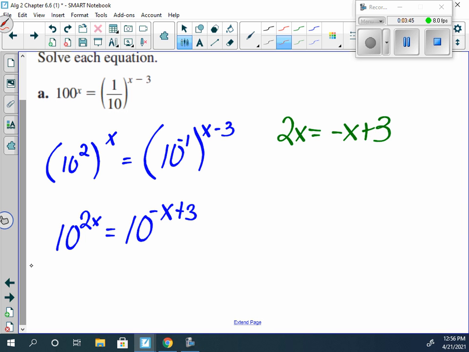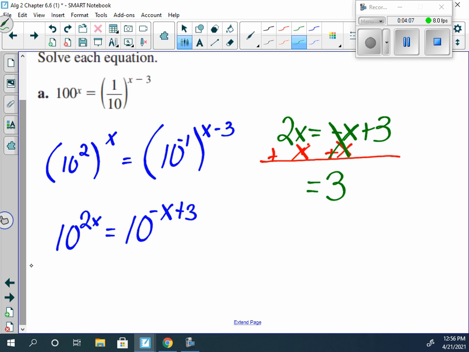So what can we do first? We can add x to both sides. Because -x plus x would be 0, leaving us with just 3 on the right-hand side.